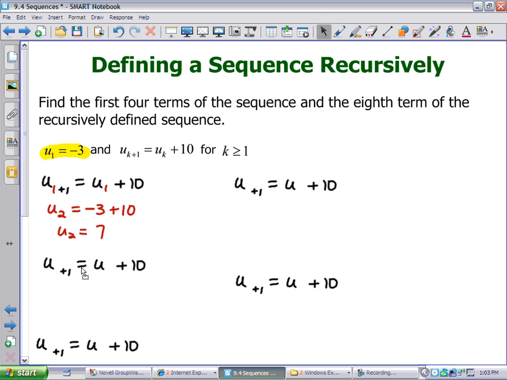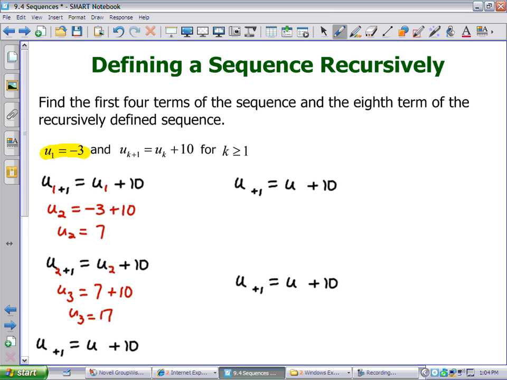Okay, well, if I now plug in 2 for k, then I'm going to plug in 2 for k over here. That says u sub 3 is equal to u sub 2, which we just found to be 7. 7 plus 10, and u sub 3 is equal to 17.